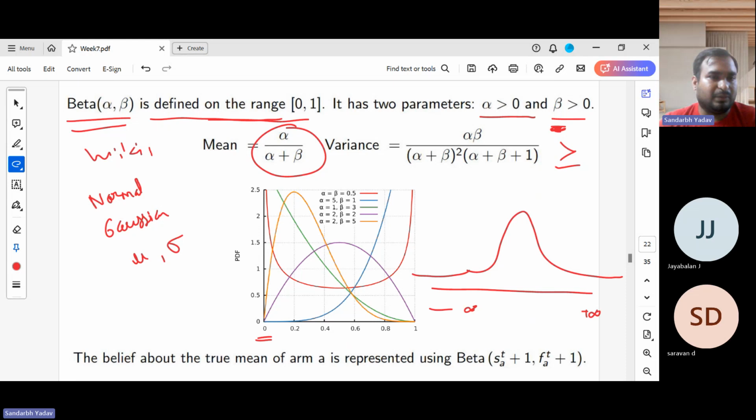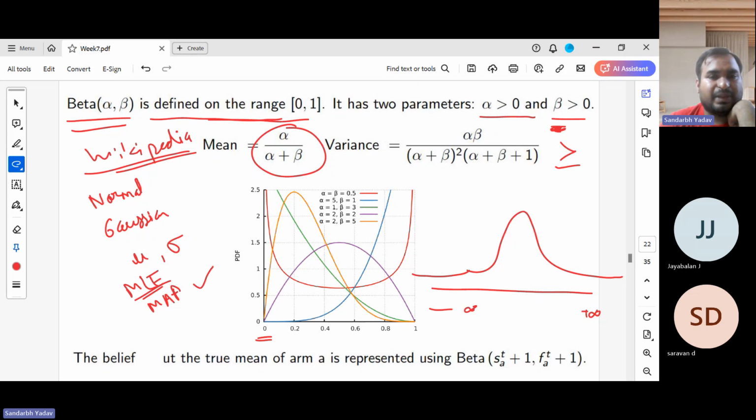It involves a lot of complex terms like gamma functions, so I'm not making it complicated, but simply we will be using this mean. This mean we will be using in the MAP estimate. For MLE, we won't assume any distribution.